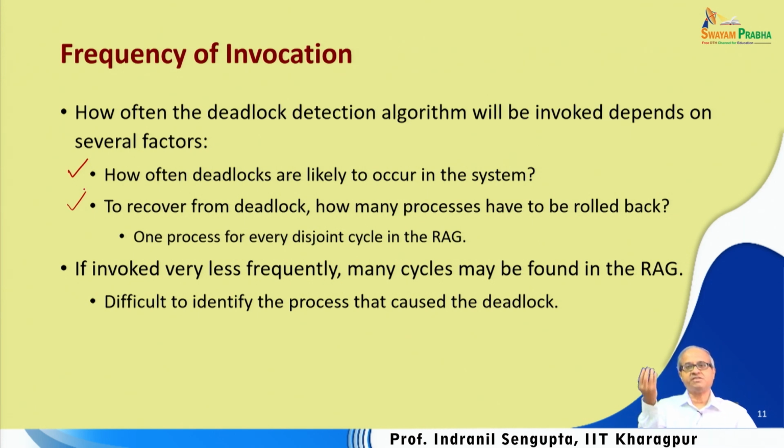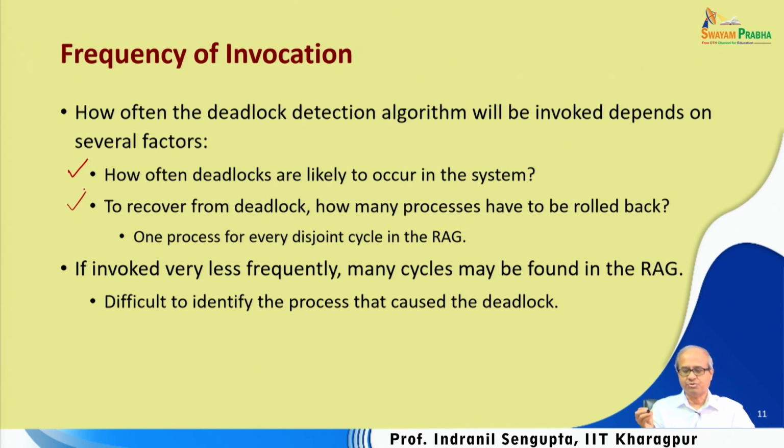Any of the 3 processes we can kill, abort, or roll back, so whatever resources that process was holding will get released. The other processes can acquire those resources as required and complete, but we do not know whether we have to roll back 1 process or 2. That we will have to find out by rolling back and running this deadlock detection algorithm again and again.